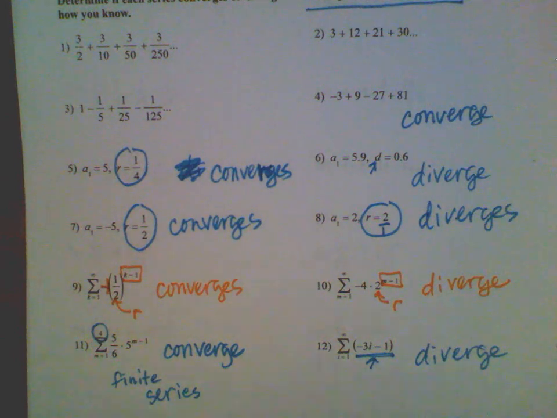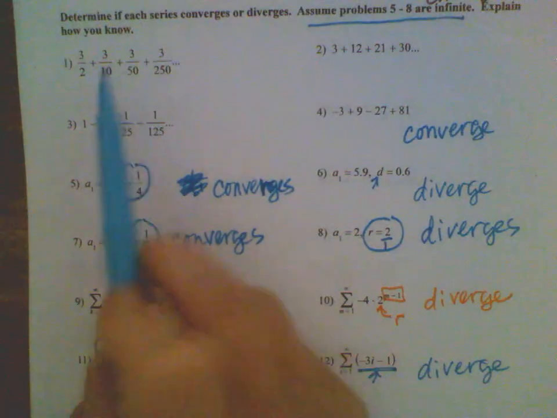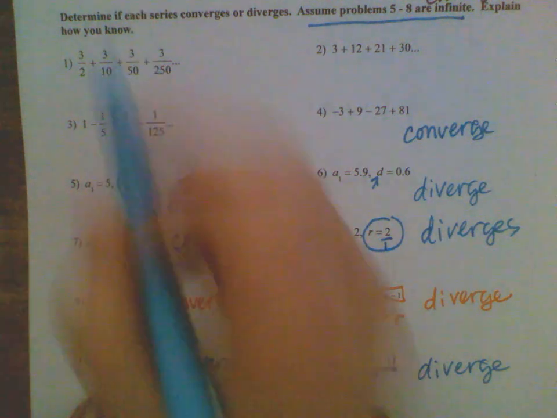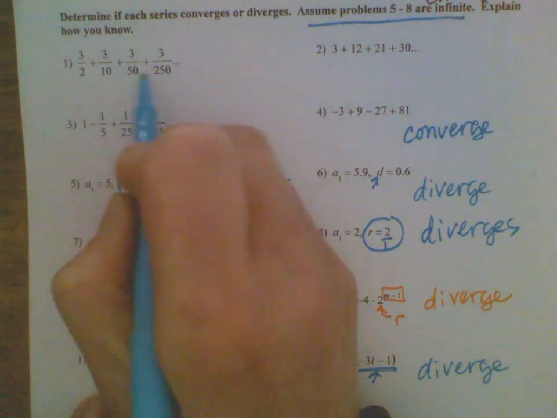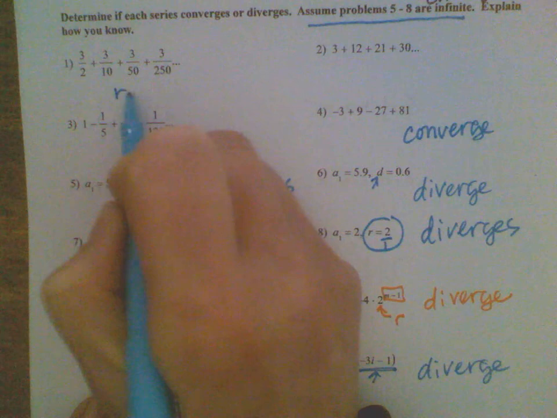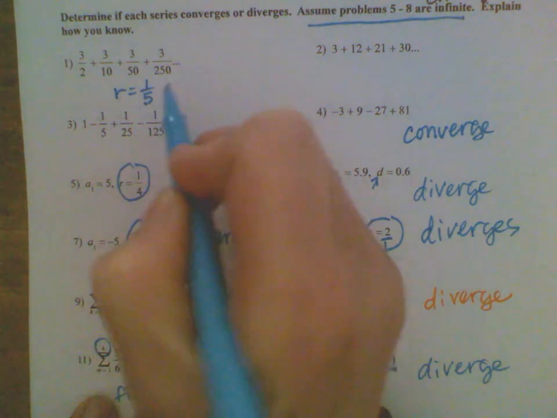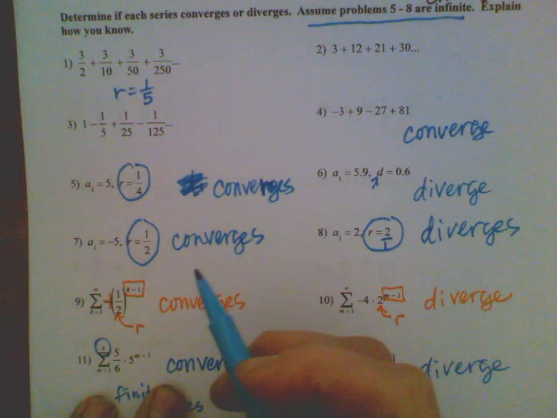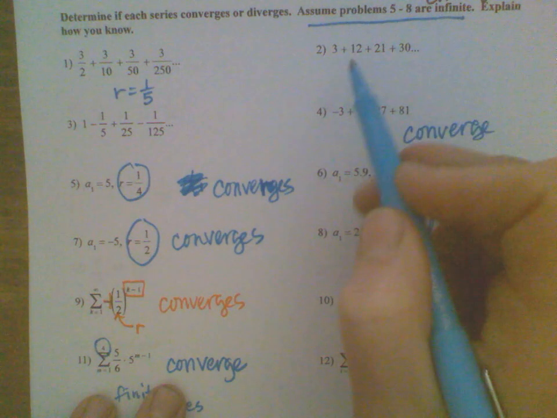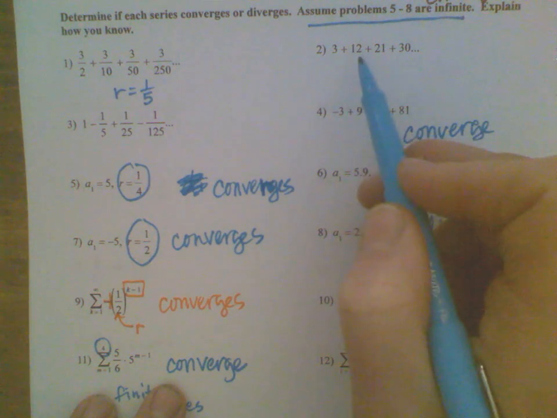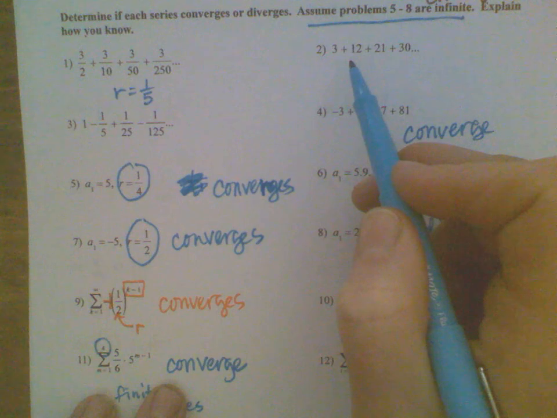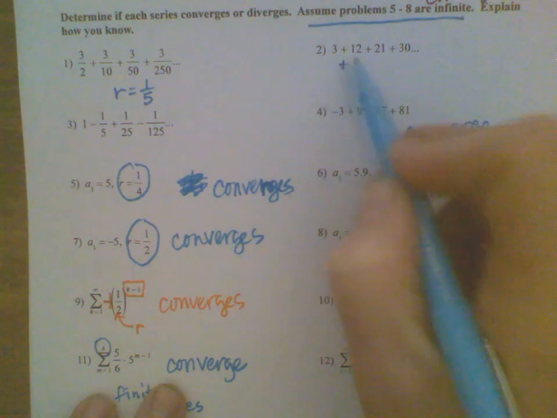Are any of them arithmetic? Well, this one looks like I am multiplying the denominator by 5, so that means my r is 1/5. Okay, so that one's definitely geometric. The next one here, what am I doing? 3 must be plus 9, maybe? Plus 9, plus 9.